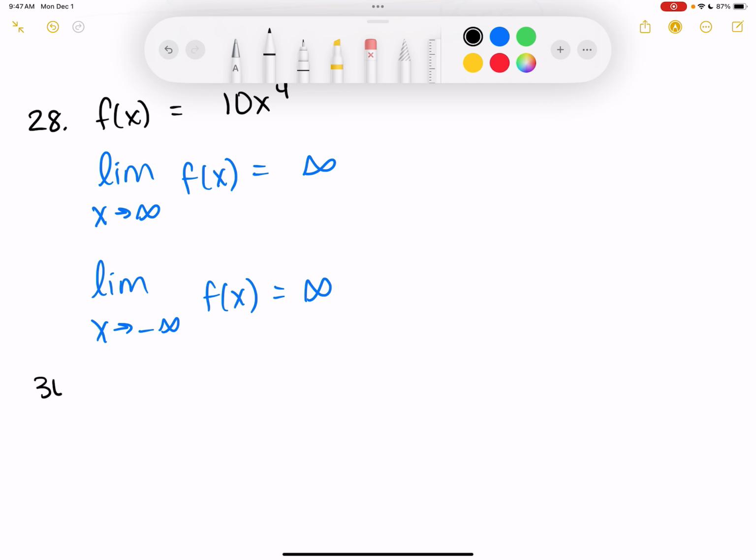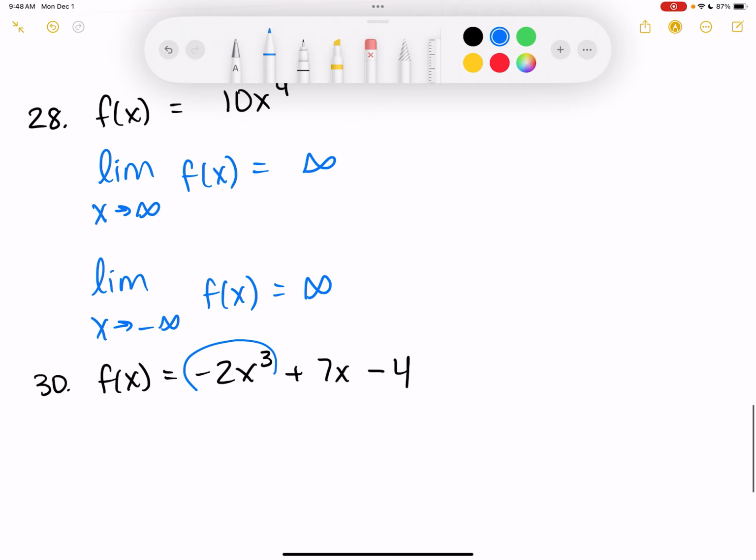All right, 30. f of x is equal to negative 2x cubed plus 7x minus 4. I only care about the highest power term. Always look and make sure it's in standard form before you do that. This one is, so I only care about negative 2x cubed.